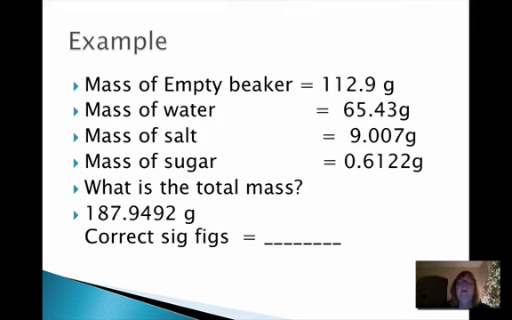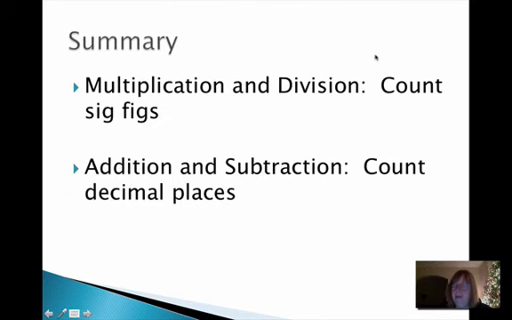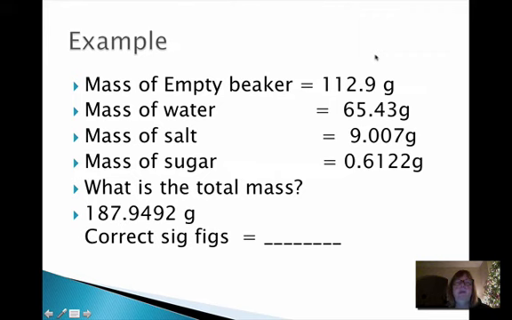So here we go. We've got this beaker, and it's empty, and it has a mass of 112.9 grams. Then we put some water in it, we put some salt in it, and we put some sugar in it. It looks like we used a different balance for all of these amounts.